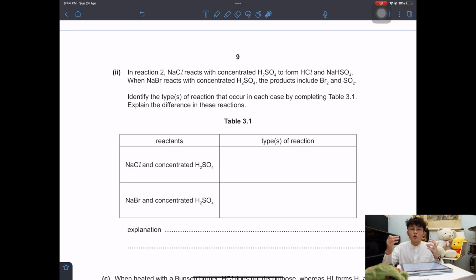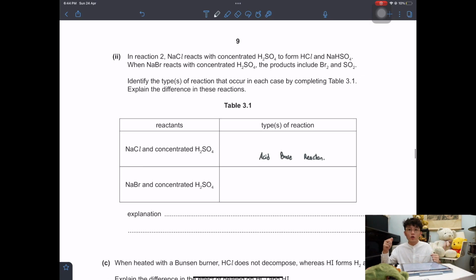They undergo what we call an acid-base reaction. However, if you have NaBr and H2SO4, H2SO4 is a stronger oxidizing agent compared to Br, and Br is a stronger reducing agent compared to H2SO4, so a redox reaction can occur. So NaBr reduces H2SO4, or H2SO4 oxidizes NaBr. That's it. This is a redox reaction.